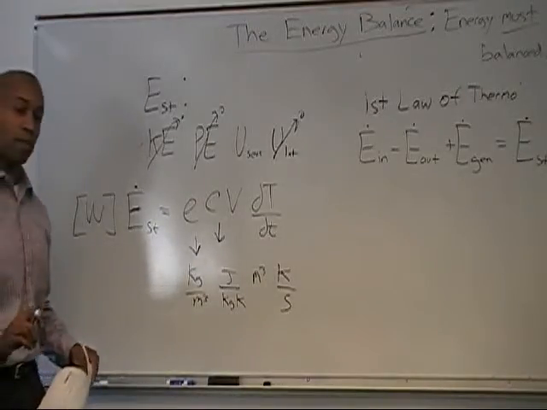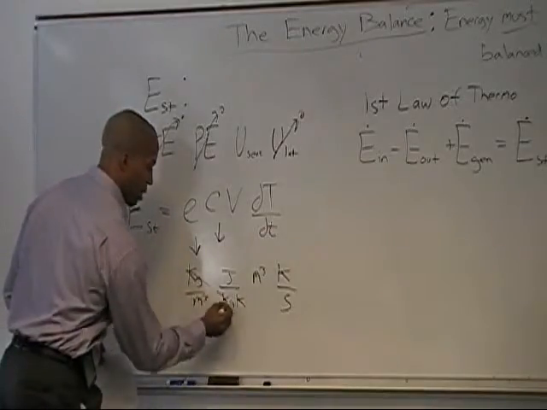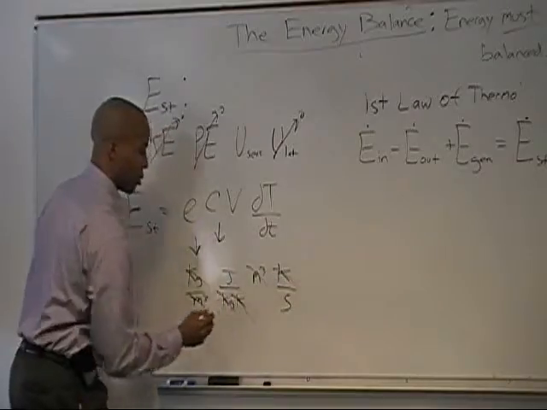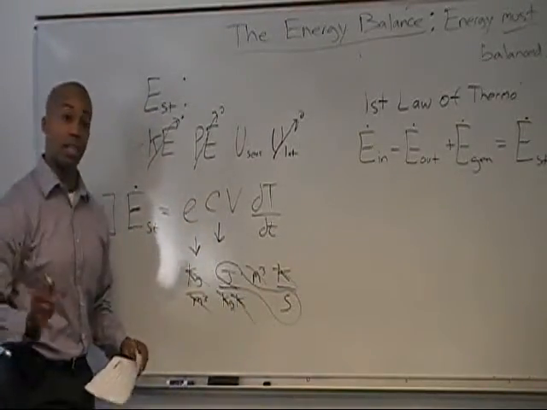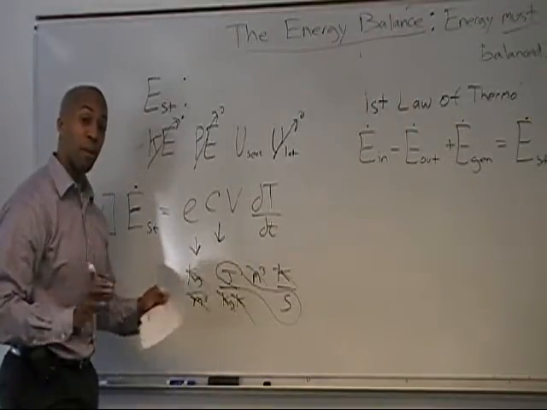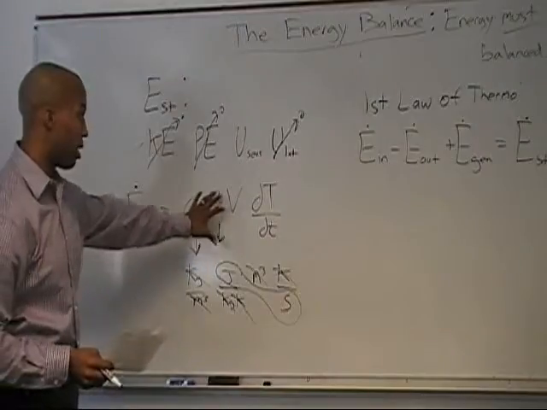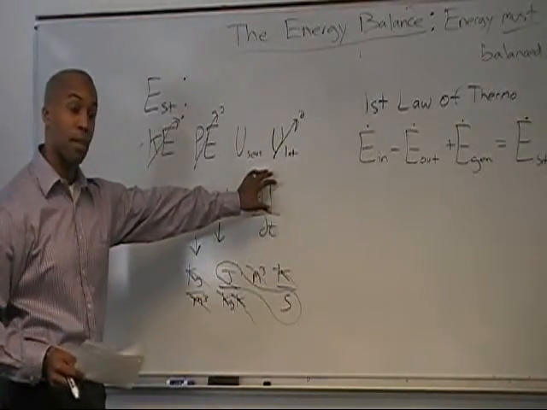Now some of you probably already figured out that the units balance, because kilograms cancel, meters cubed cancel, Kelvin cancels, and we're left with joules per second, which is watts. So the units work out, and a lot of times you can use these units, especially if, for instance, we had latent heat thrown into the problem.